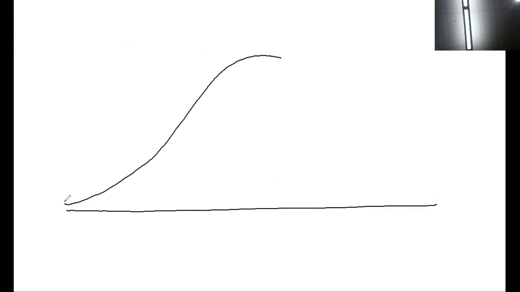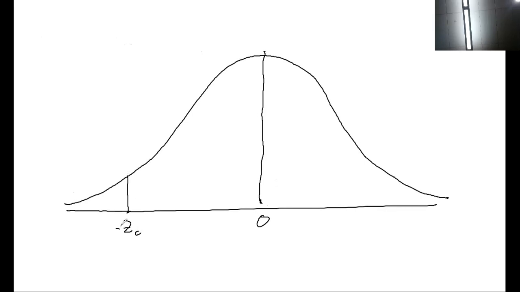It's not like I made a mistake, but I want to redo it. This is 0. This is the critical value. So this area is alpha. If the test value gets into this area, we will reject the null hypothesis.